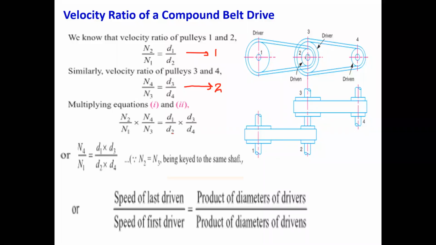In this, pulleys 2 and 3 are both mounted on the same shaft, so their speeds are equal and the terms cancel. Now the product is n4 by n1 equals d1 by d3 into d2 by d4. That is our velocity ratio of the compound belt drive.